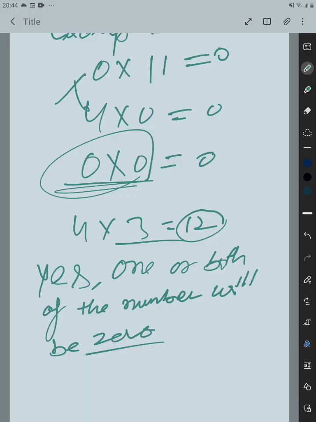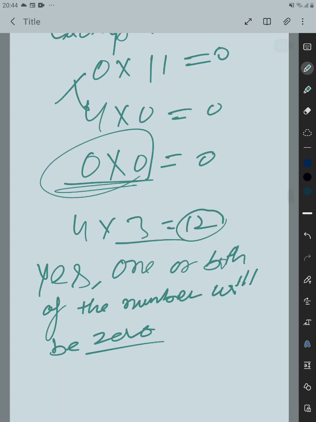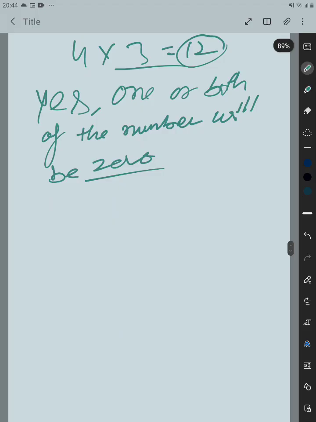Let's turn the page. Third question. If the product of two whole numbers is 1, assuming that one whole number is a and another is b, and the product, meaning multiplication, is equal to 1, can we say that one or both of them will be 1?